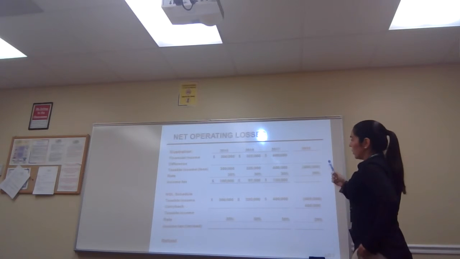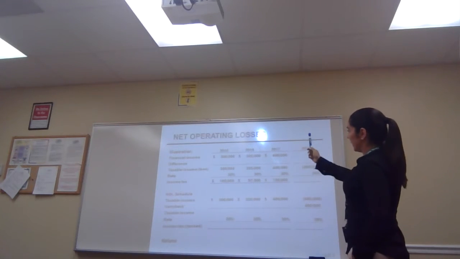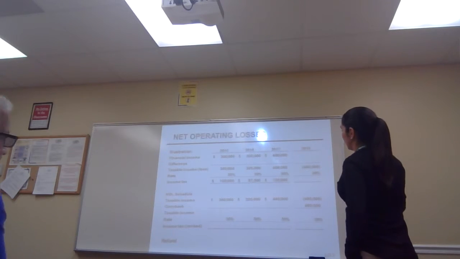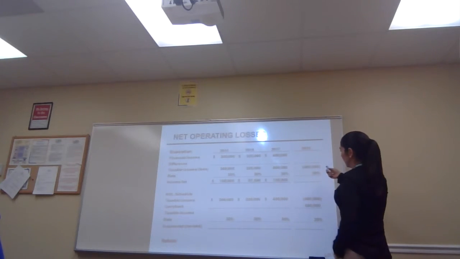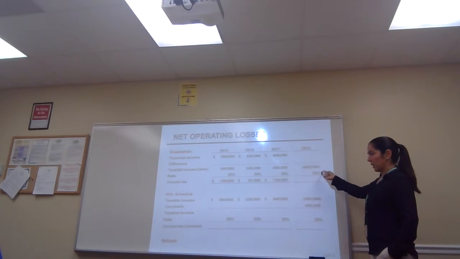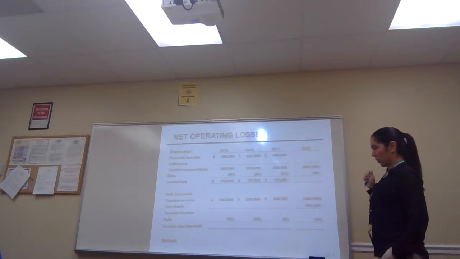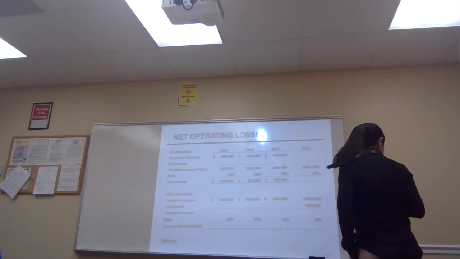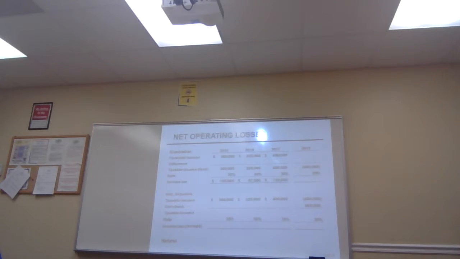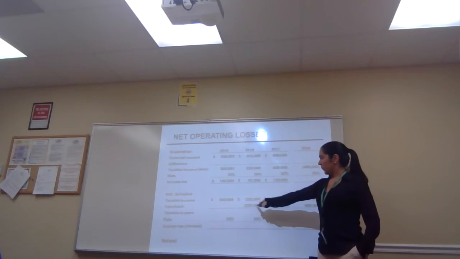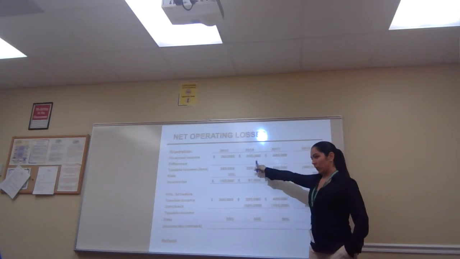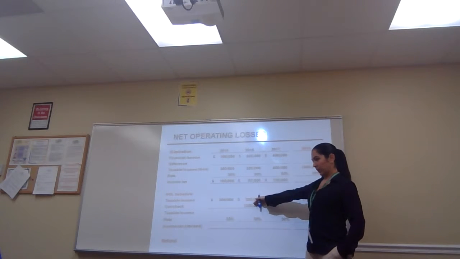In this example, you have taxable income in 15 of 300, 16 of 325, and 17 of 400, and then you have a loss of 480 in 2018. This client decided to carry their loss back 2 years. So they take their 480, and remember, you have to start with the first of the 2 years.